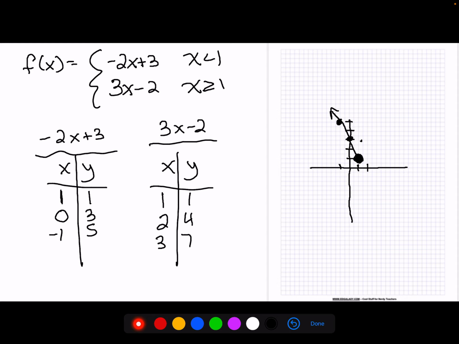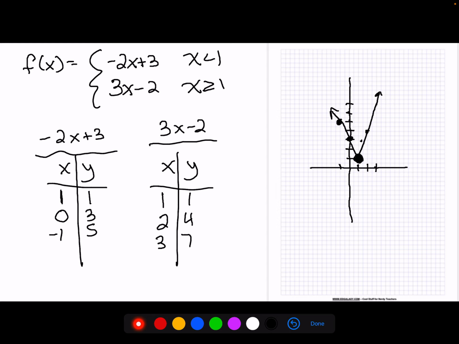Earlier that was an open circle, but now it's going to be filled in because of this second piece. 2, 4, and if you did 3, 7, then that looks like that.